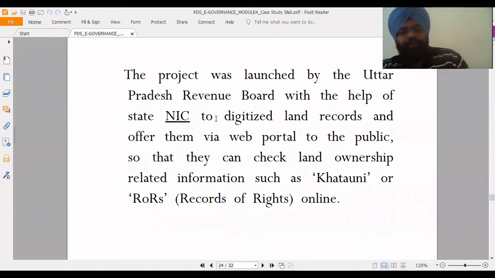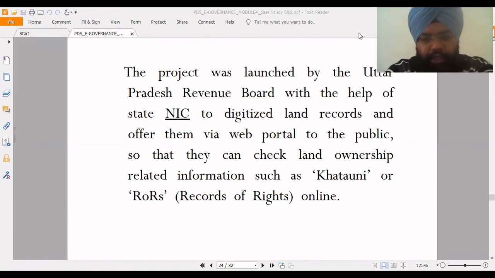The project was launched by the Uttar Pradesh Revenue Board with the help of state NIC to digitalize the land records and offer them via web portal to the public so that they can check land ownership related information such as Khatauni or RORs, records of rights, online.